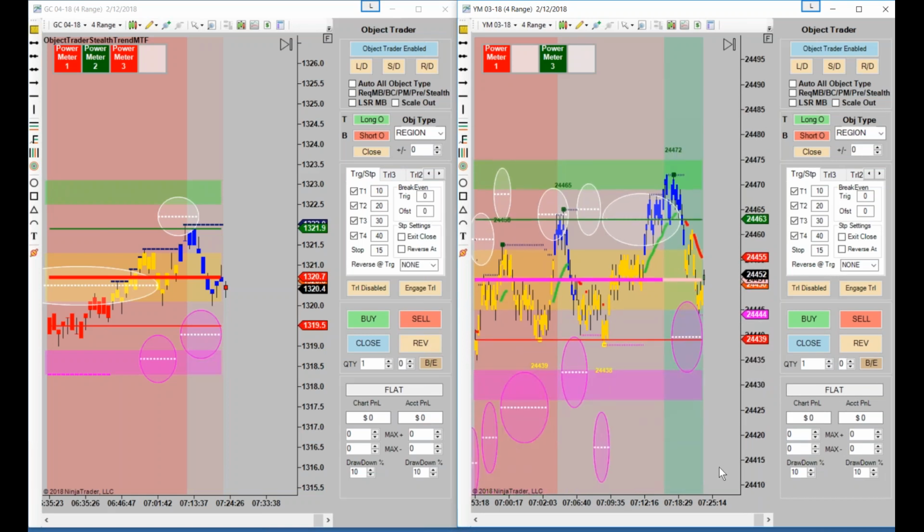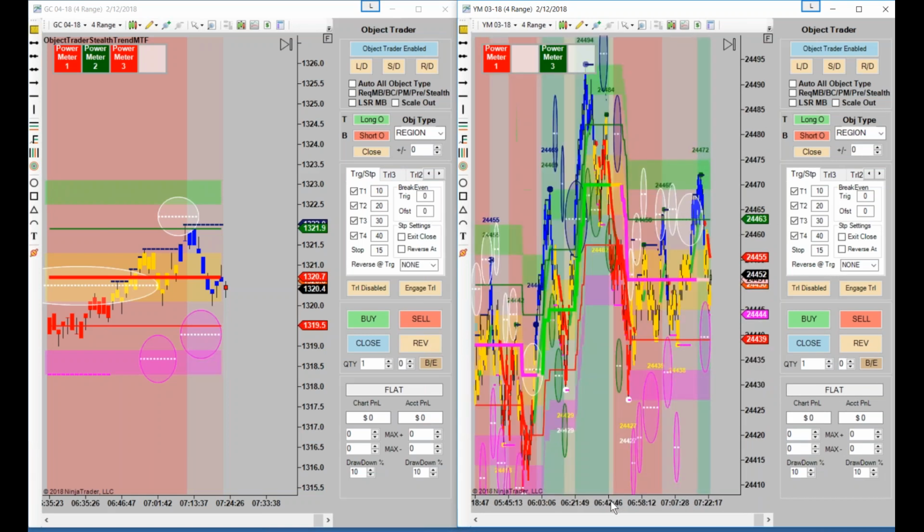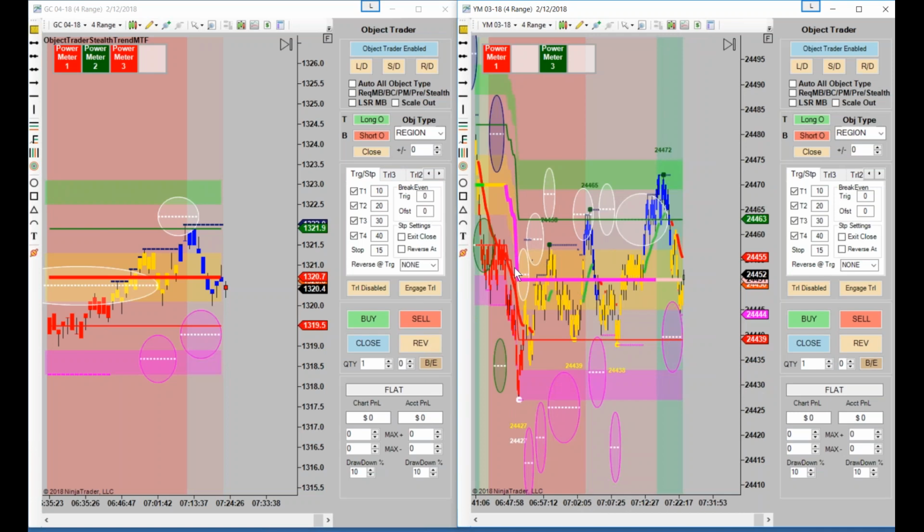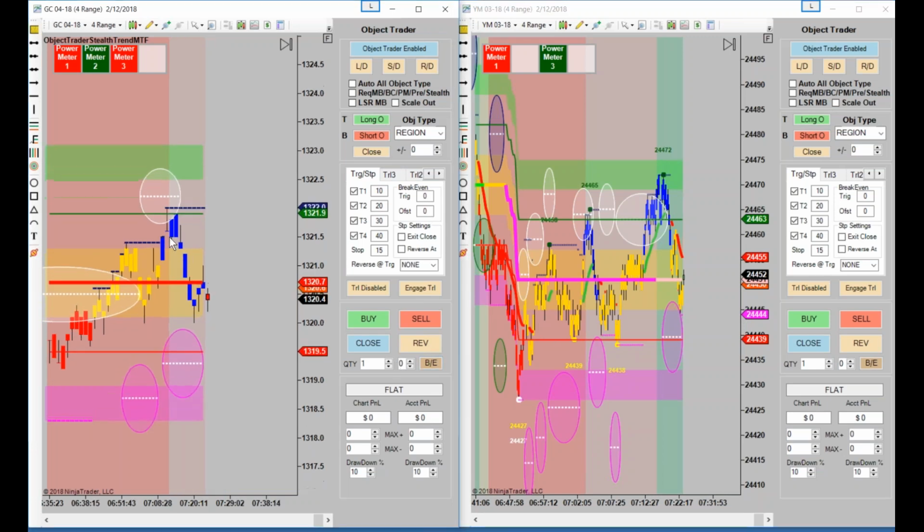When you're going with the trend, for instance, when this has got the magenta or a rose color or the red line, the mid band, you're really looking for a bounce into predictors, roll over, and back down. On this side over here, you're either looking for another predictor like this right here, or even a change.